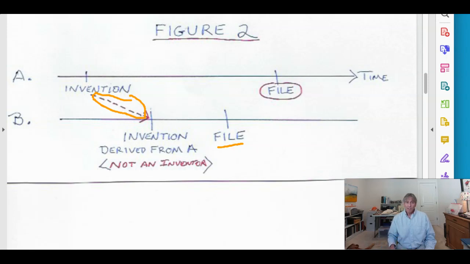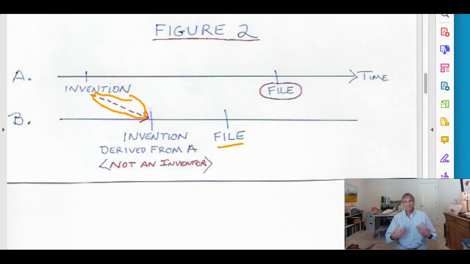So what's going to happen here is that when the examiner reviews A's application, he's going to notify A that B has priority because B filed first. A is going to think, wait a minute, B didn't come up with that. He got it from me. And so he's not an inventor.